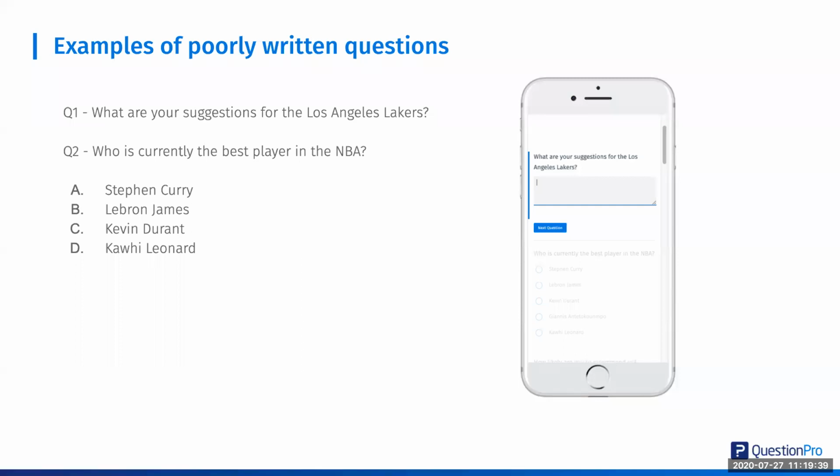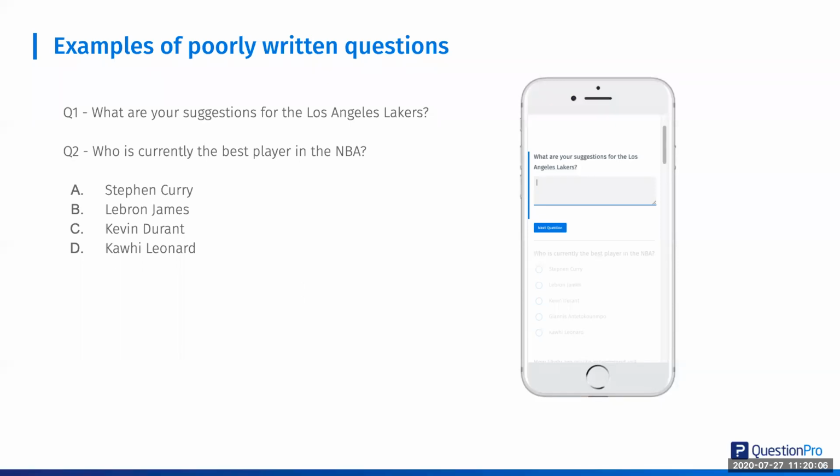So an example of a poorly written question is, what are your suggestions for the Los Angeles Lakers? At face value, this might seem like a good question, but it's really too subjective, and it's too open-ended. I mean, the suggestions around this could be anything from, is it on the court performance? Is it their logo? Is it their city? Is it the arena that they play in?